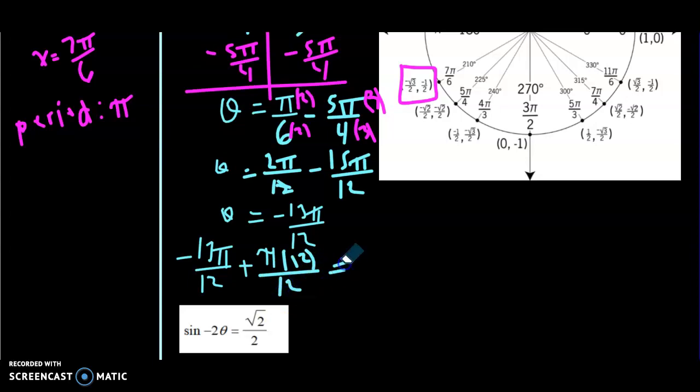So negative 13 pi over 12 plus 12 pi over 12 is negative pi over 12.